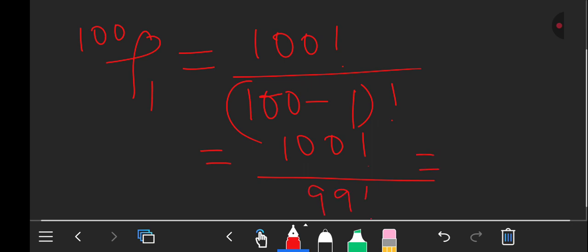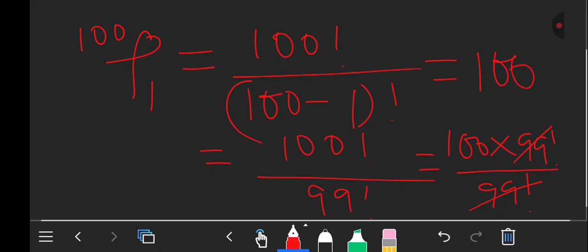We can strategically expand 100 multiplied by 99 factorial over 99 factorial, so that the 99 factorial and the 99 factorial divide to give 1. So this will be equal to just 100, divided by 1, is just 100. So the answer is 100.